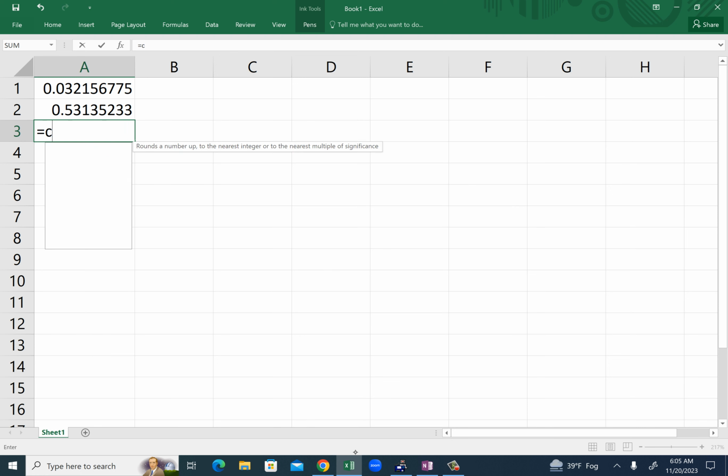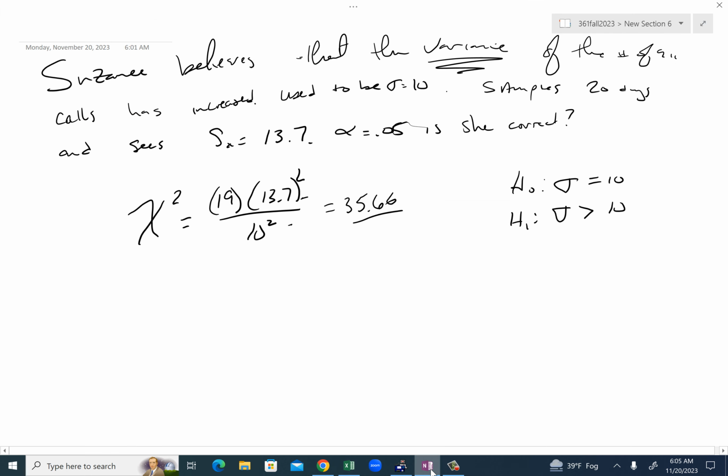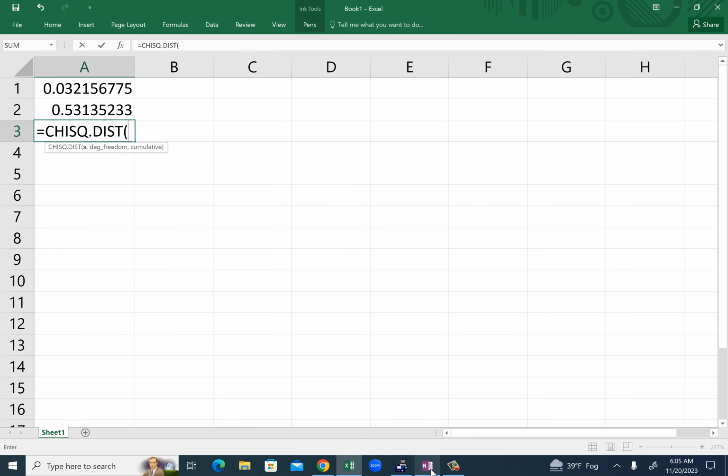So here it is, chi-square dot dist. I'm going to type it in the way I want to this time, and then we'll come back. So 35.66, comma, degrees of freedom 19, comma 1. And you're like, whoa, it's like 98. Oh, that's because you're in the upper tail. So I should have done 1 minus, and there is a 0.01.